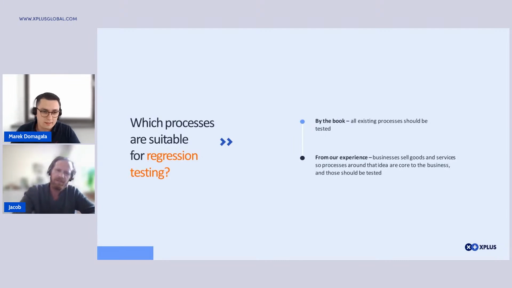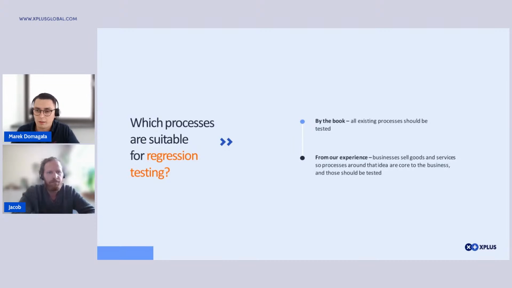Yes, actually. For example, in Dynamics we focus on selling, buying, and movement of stock in the warehousing. So the key processes will be posting invoices, any workflows and things like this, also picking, packing, etc. Those would be the key processes, and they should be included in the regression.